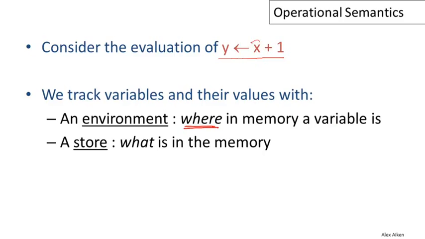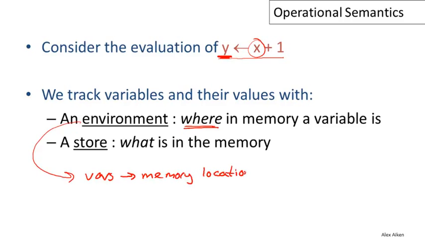So for example, for the variable x here, we're going to have to go and look up x's value and then add 1 to it. And then that value is going to have to be stored in whatever memory location holds the value for y. So there is a mapping from variables to memory locations.